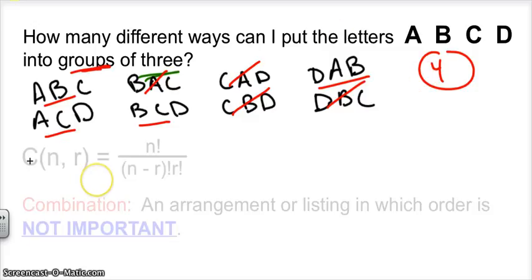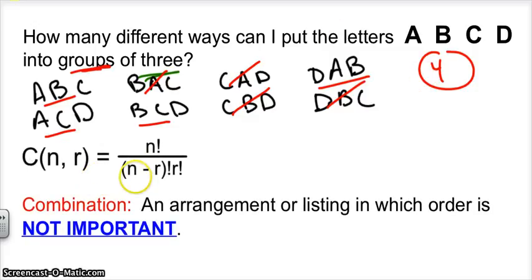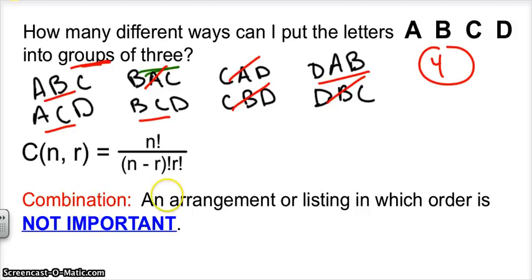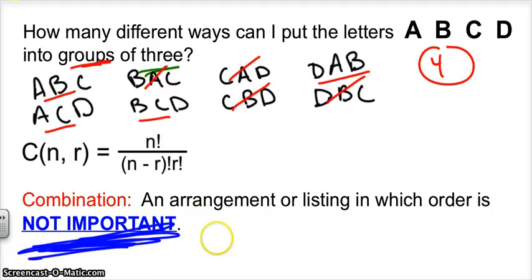Now what is this? This is a combination right here. A combination is an arrangement or listing in which order is not important. Again, it is bolded and underlined in blue. So "not important" is probably very important to put down. See what I did there?